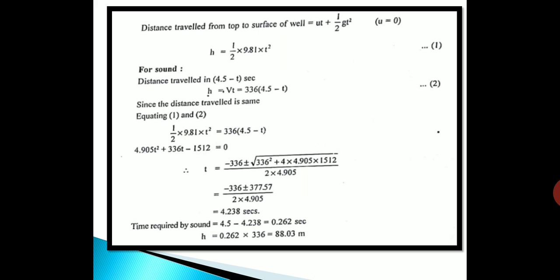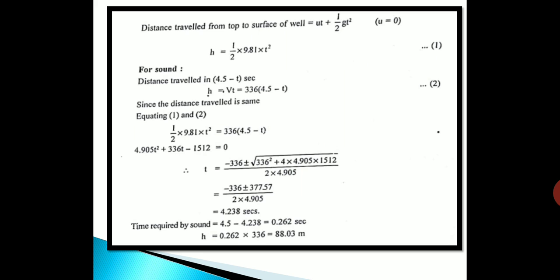Now for the sound, the distance travelled by the sound is the same as the distance travelled by the stone, because the stone is moving from the top of the well to the water surface and the sound is coming from the water surface to the top of the well. So this also becomes h. Therefore, distance travelled is equal to velocity into time. Velocity of sound is given as 336 multiplied by the time of sound, which we have taken as 4.5 minus t.